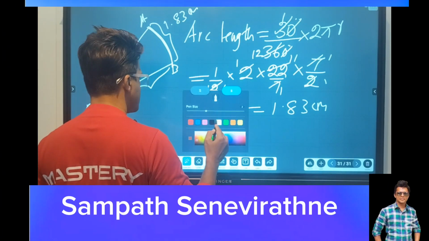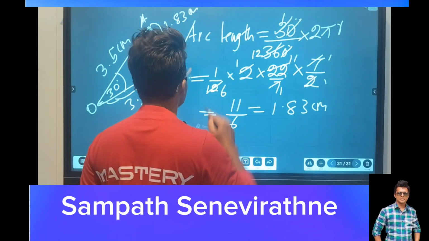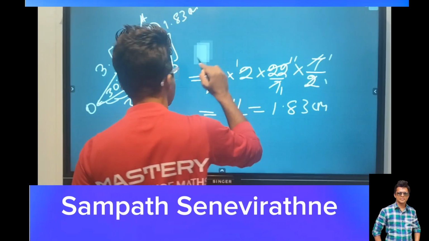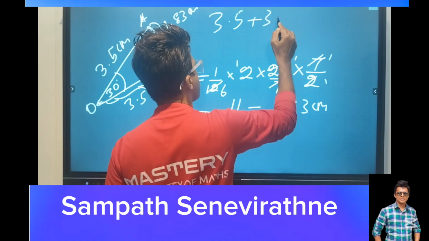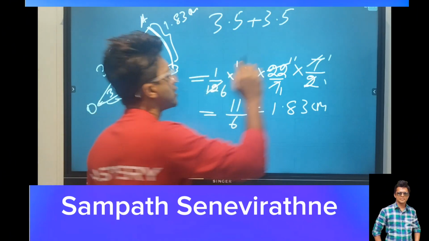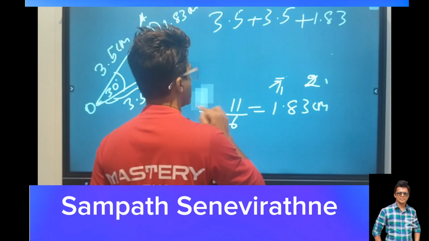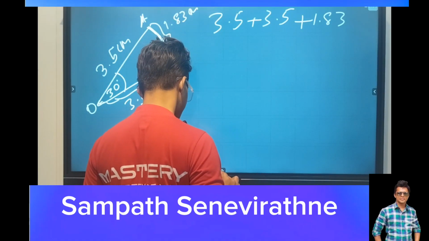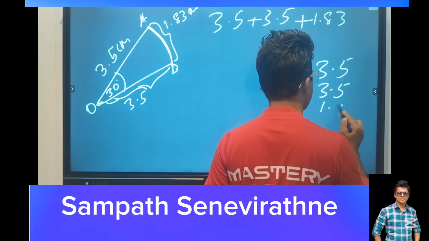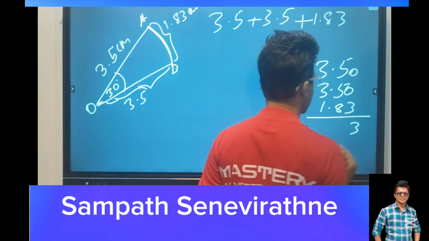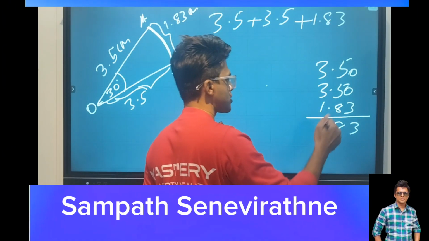The perimeter is 3.5 plus 3.5 plus this 1.83. 3.5 plus 3.5 is 7, and then 1.83. Let's add these values: 5 plus 3 is 8, 10 plus 8 is 18. Remain this 1. Then 3 plus 1, 4 plus 3, 7 plus 1, 8.